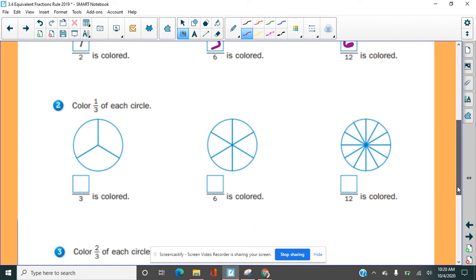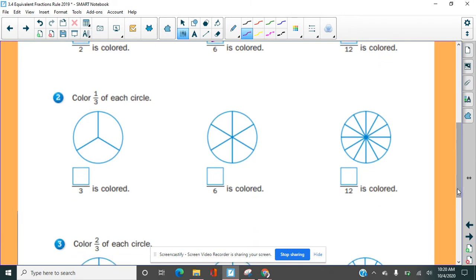Let's do this one. Okay, number 2, you're going to color 1/3 of each circle. So 1/3 here, and then color the exact same amount on the next one. See, remember when we do fraction circles, equivalent fractions could lay right on top of each other. And color the exact same amount here.